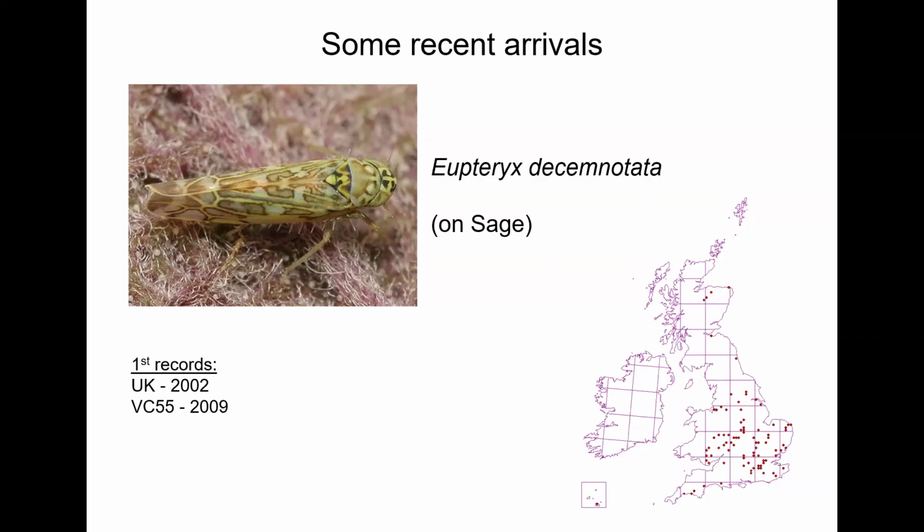As you can see, reached VC55 not too many years later, and is now busy spreading right throughout the country. And I'm sure that's because it hitches a ride on sage plants when they get sold to people for their gardens through the horticultural trade.